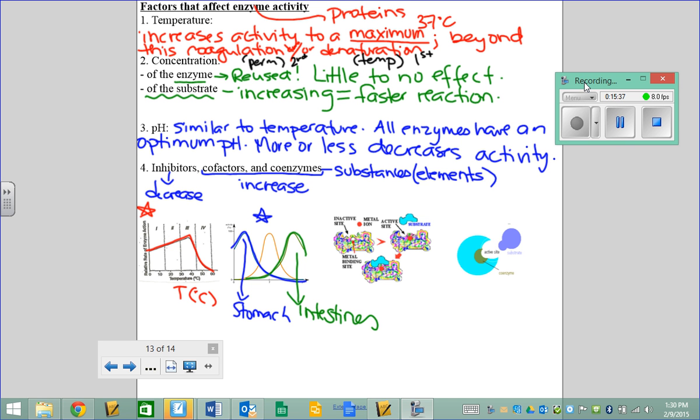Now there's a couple of pictures down here of where these things could attach themselves. It's possible, like in this picture, for the substance that we're talking about to attach to the enzyme somewhere other than the active site.